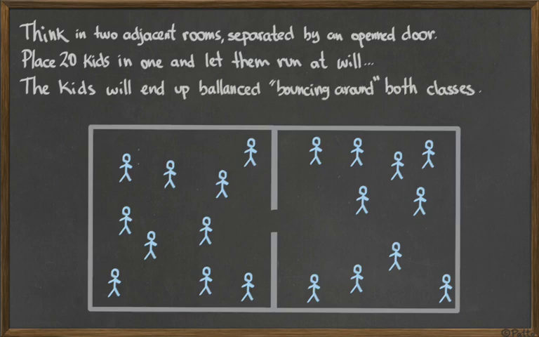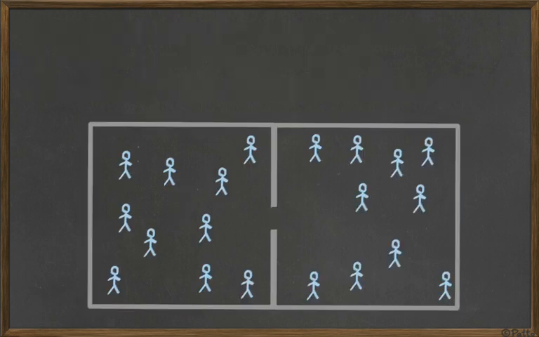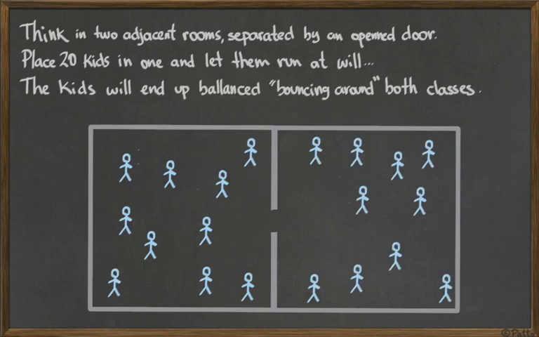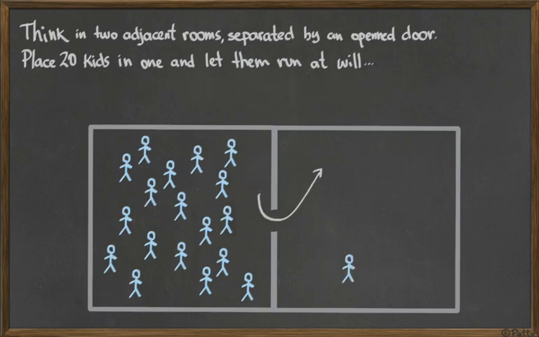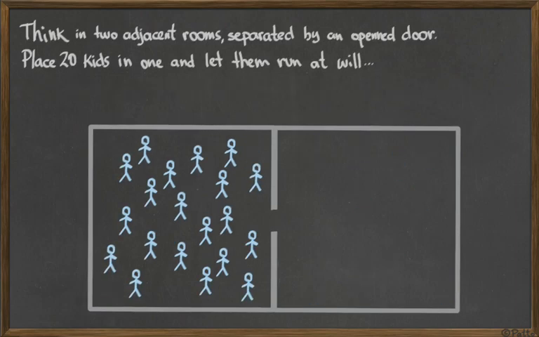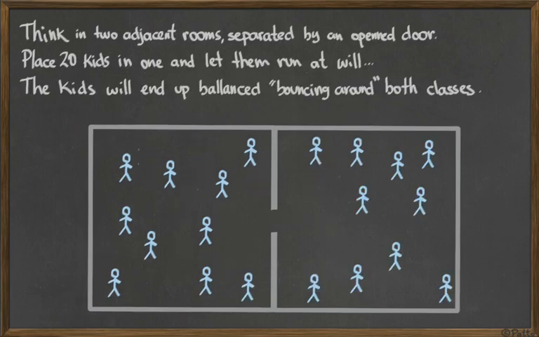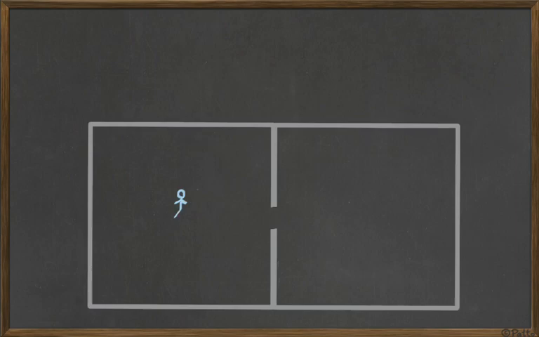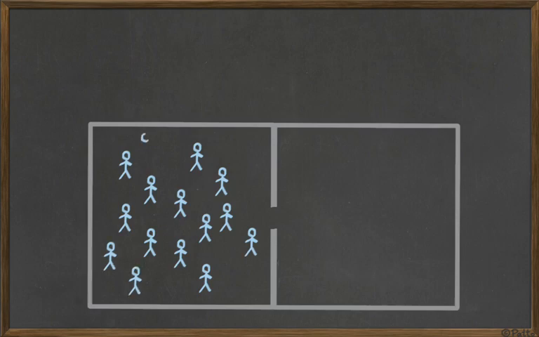But what will happen if, instead of having just the kids, which in this case represent the solvent, the water, we have the same situation but now with desks on one of the sides?